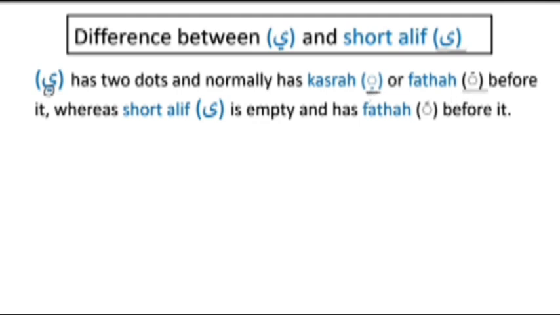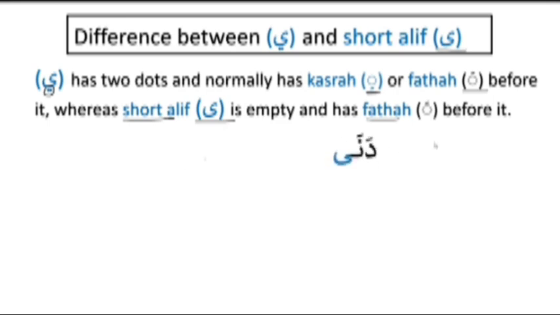Most of the times it has kasra before it, but there is a possibility that it can have fatha before it as well. Whereas short alif is empty and has fatha before it. So like alif, short alif always has fatha before it. So these are the two things that are common between alif and short alif.